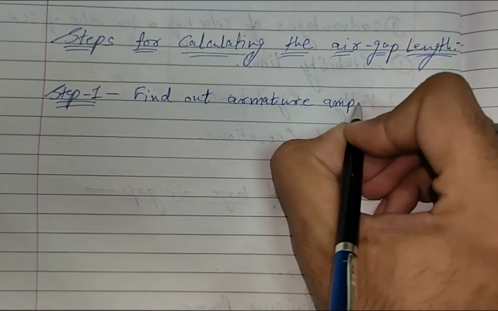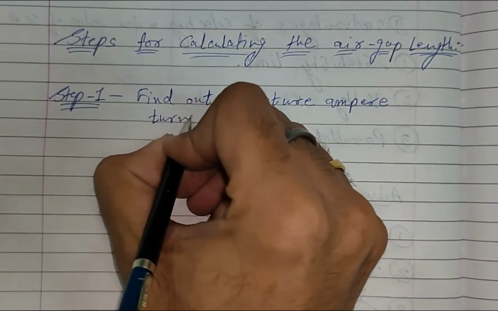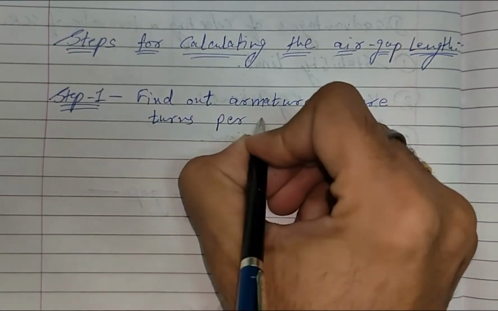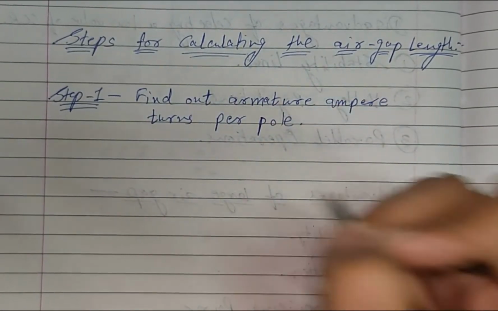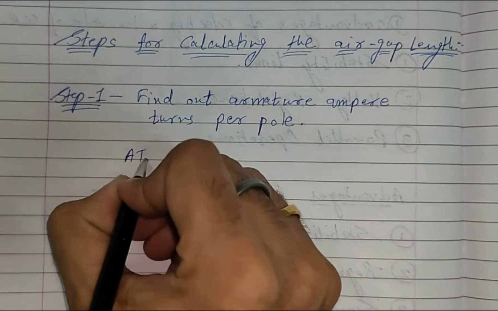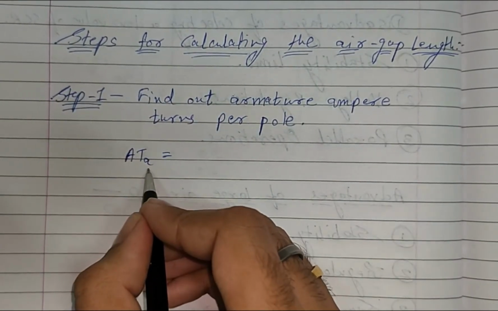Armature ampere turns per pole. So that could be found out as AT_a, that is armature ampere turns.